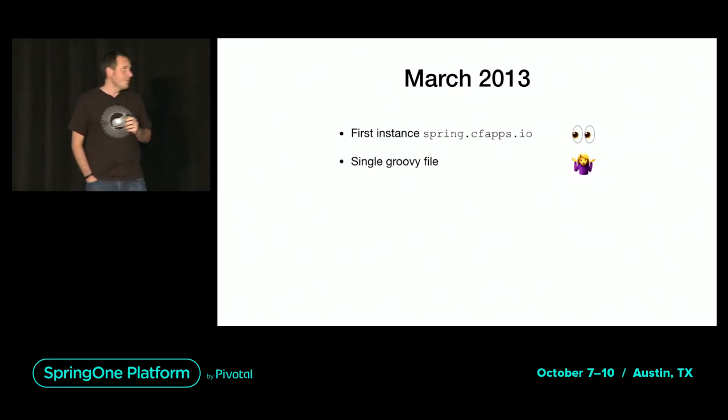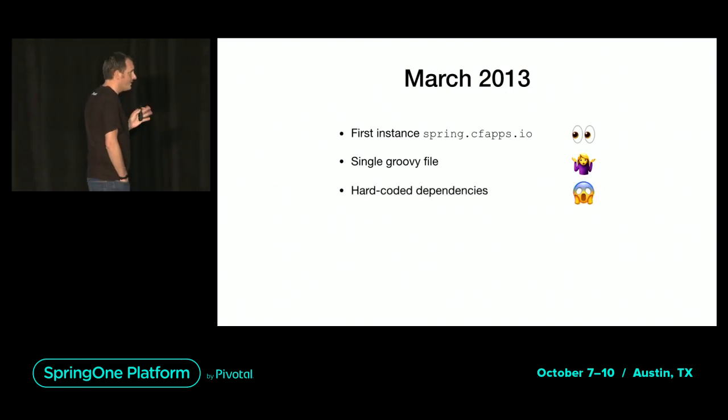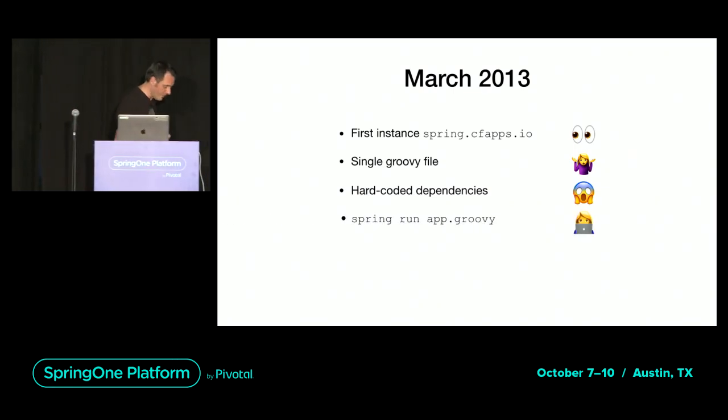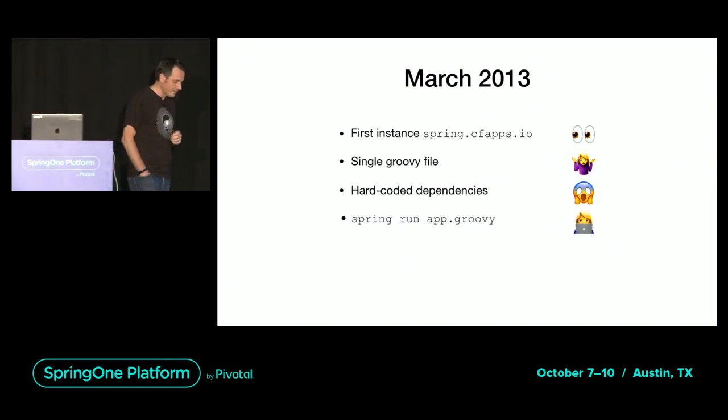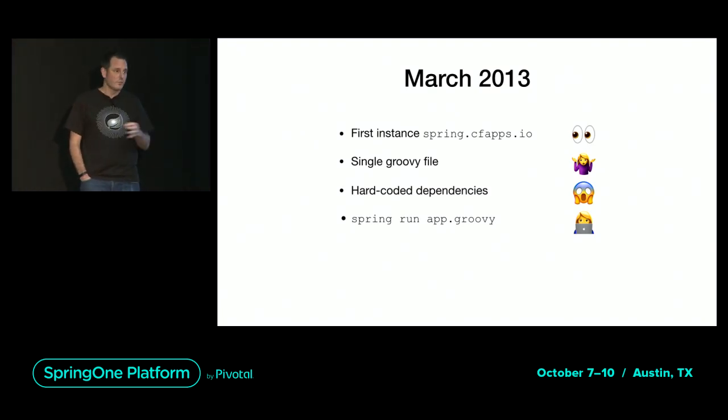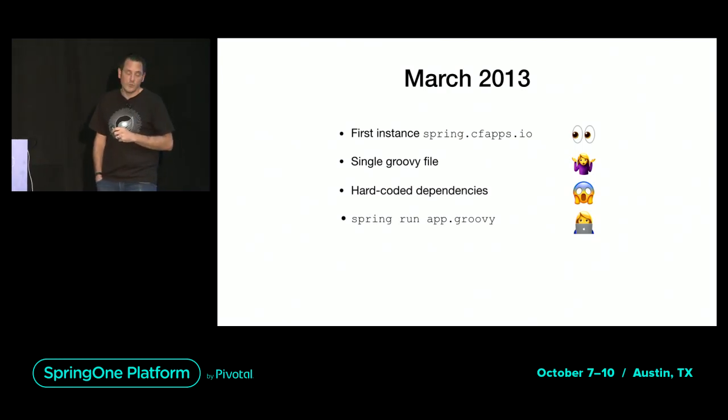So we used a single Groovy script with hard-coded dependencies. That part is maybe something we could improve. And as I explained, we were using the Spring CLI as a proof of concept. So it was a single repo with a single script and a template, and you would run the application by doing spring run app.groovy, and you would have Spring Initializr showing up.